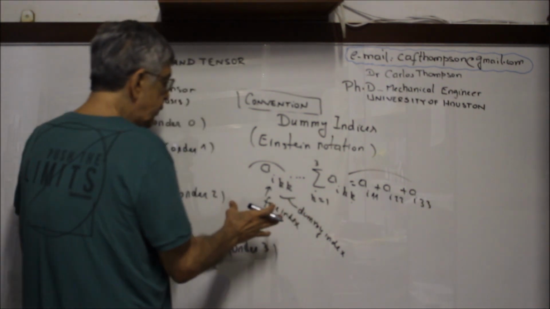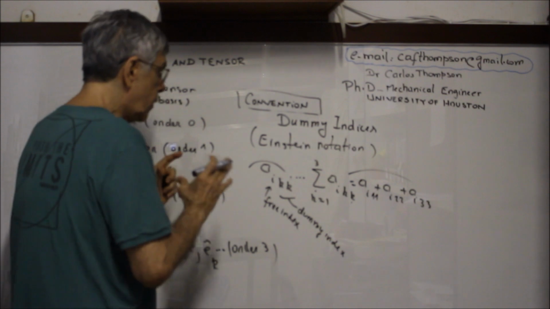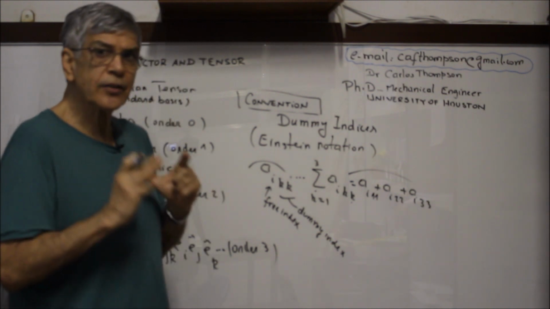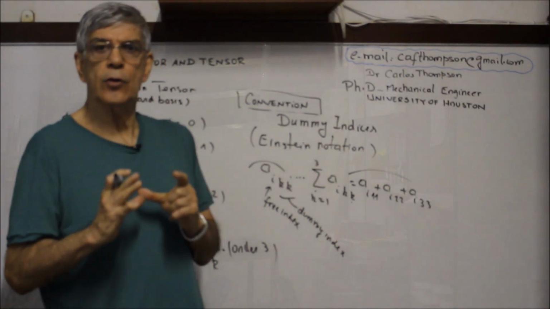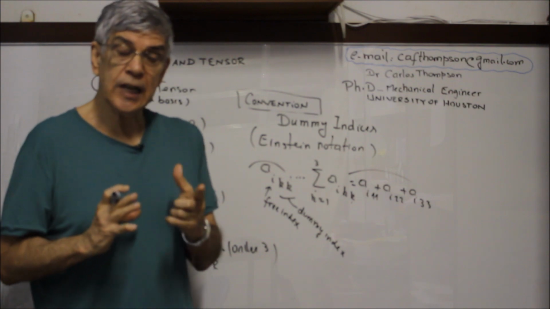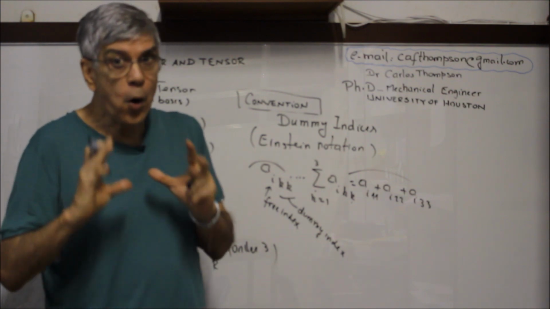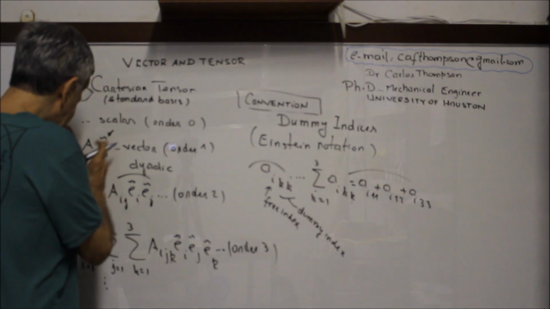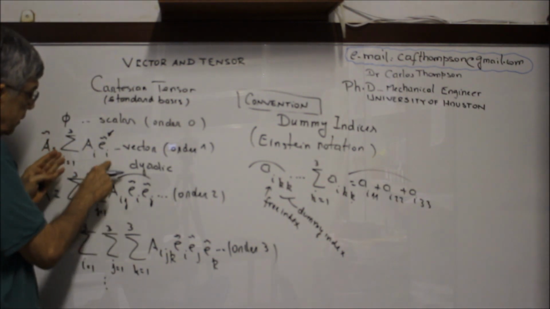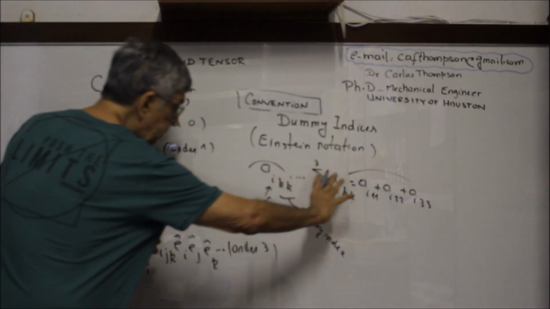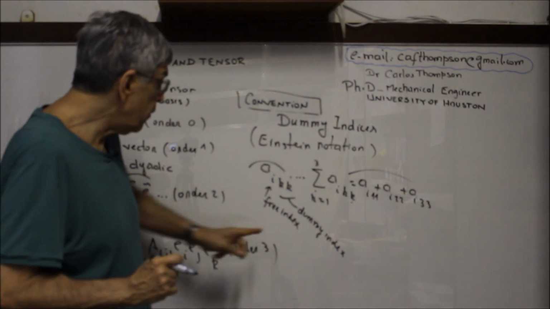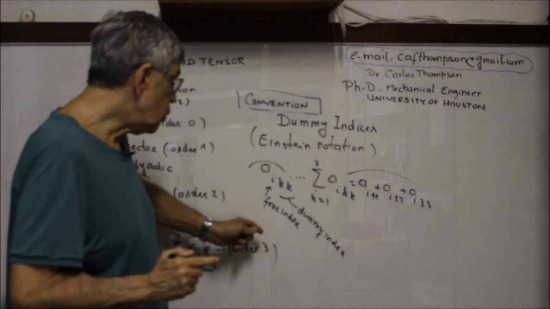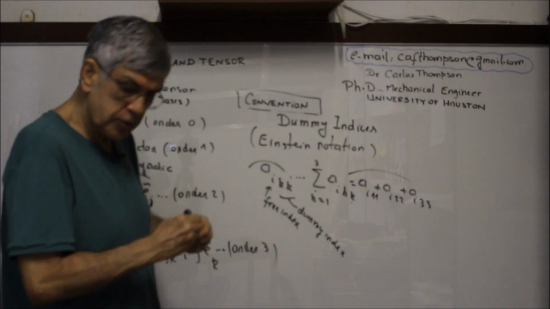Now, for you to characterize a tensor, we have to look at the components. We work only with the components. Forget the unit vector. This is only components. See how many free indices we have in the expression.